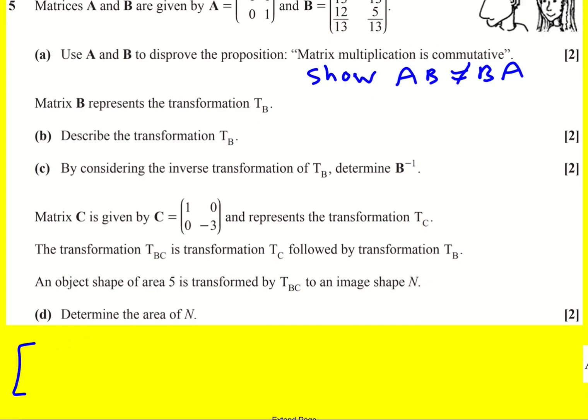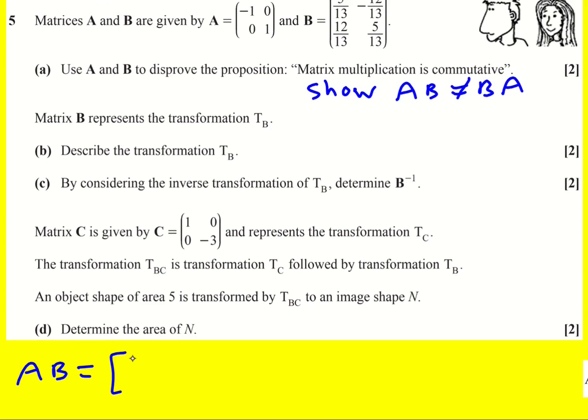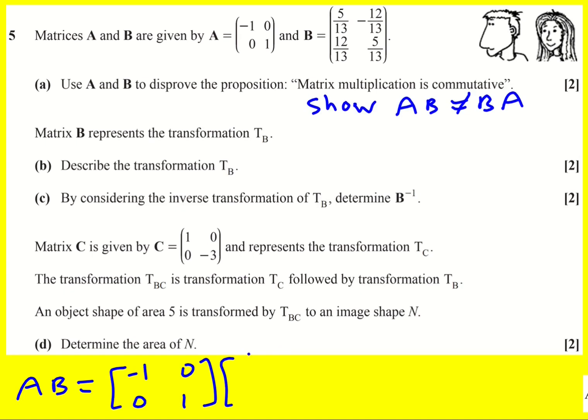Okay, first up, actually, let me write down. First up is going to be AB. I'm going to do this by hand, but you could actually just put it in your calculator. Okay, but it's quite a quick one.